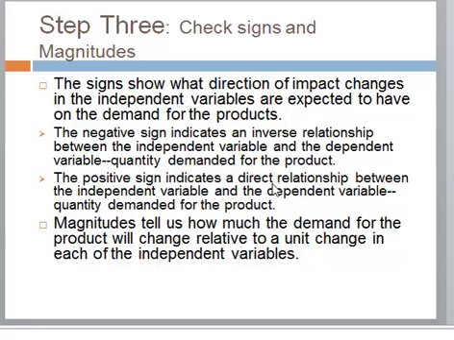The positive sign indicates a direct relationship between the independent variable and the dependent variable, quantity demanded for the product. Magnitudes tell us how much the demand for the product will change relative to a unit change in each of the independent variables.